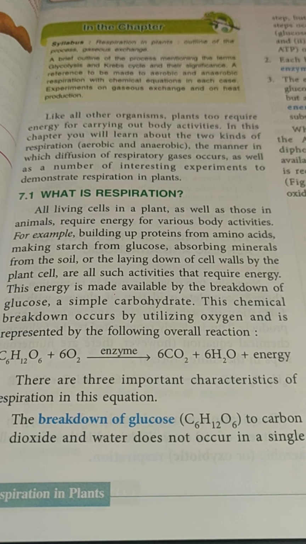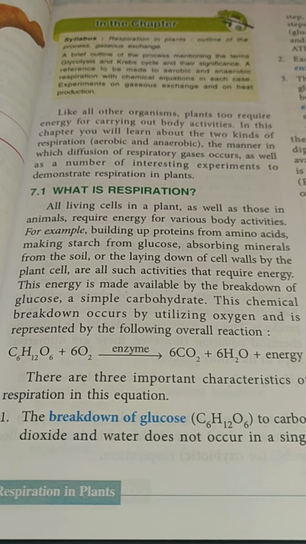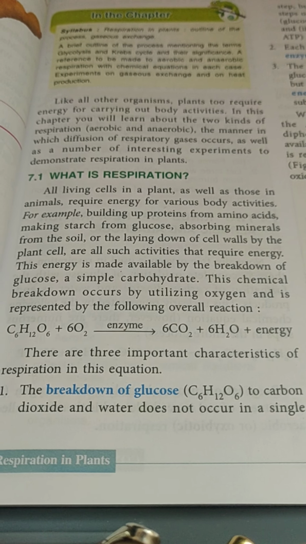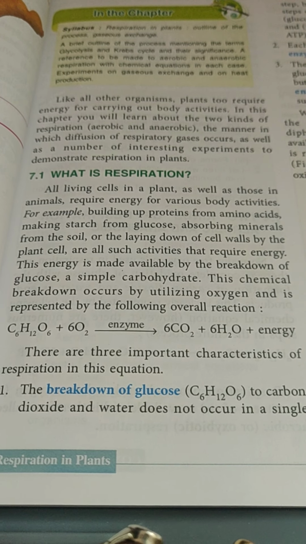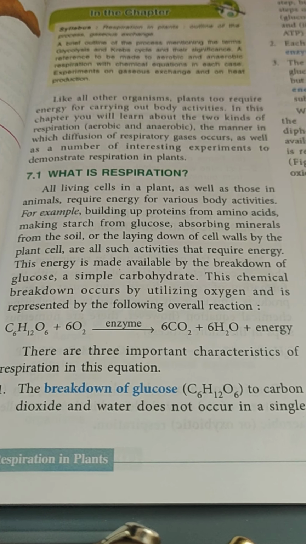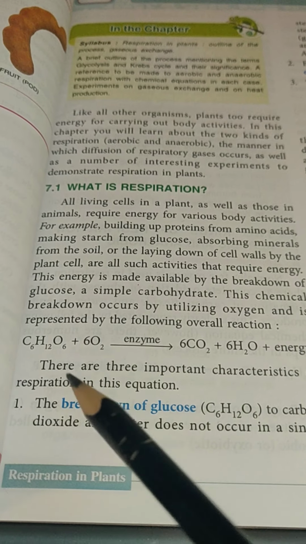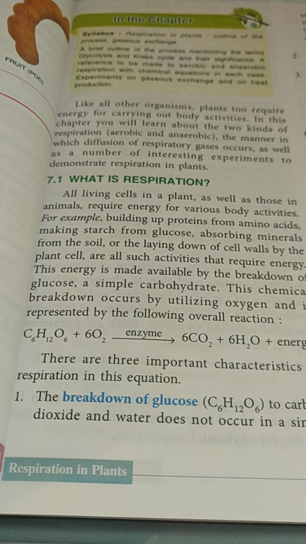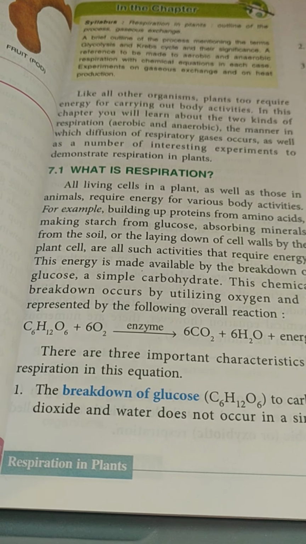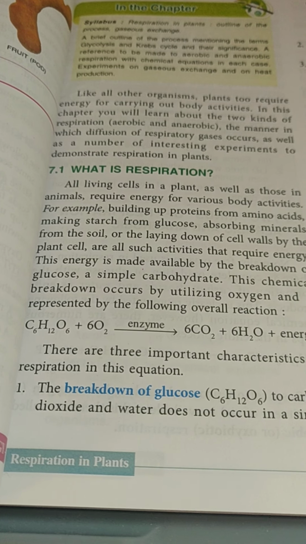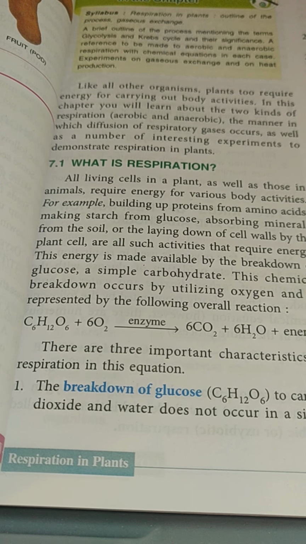Now, let me tell you one thing. This is a simplified overall reaction of respiration. Respiration is not as simple or just a linear equation like this. Respiration takes place in a series of chemical steps.